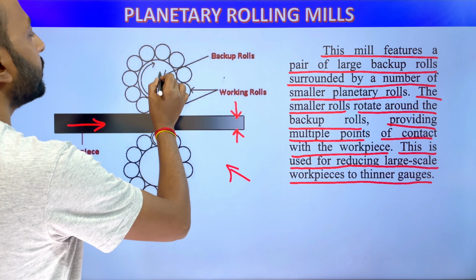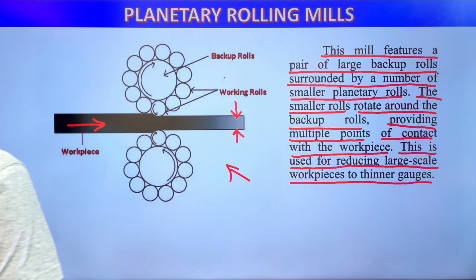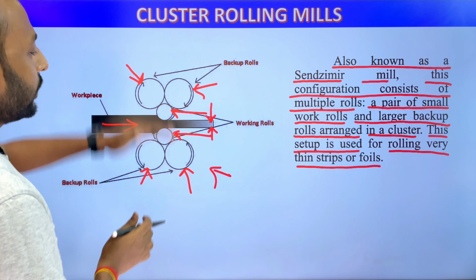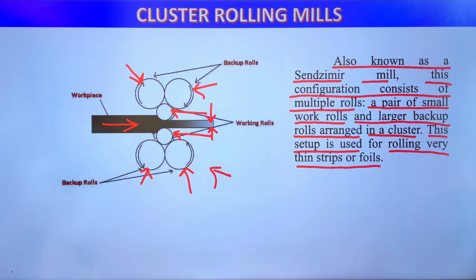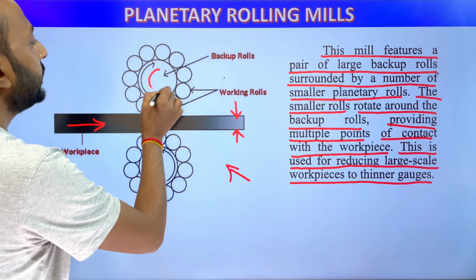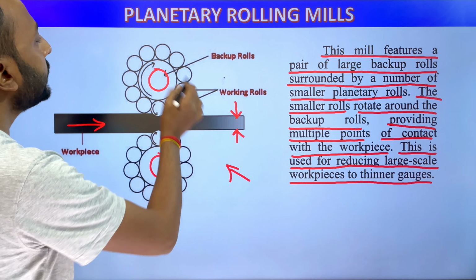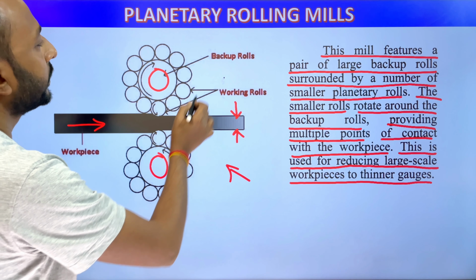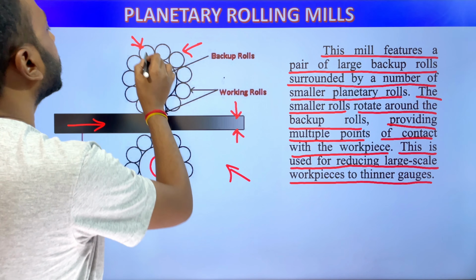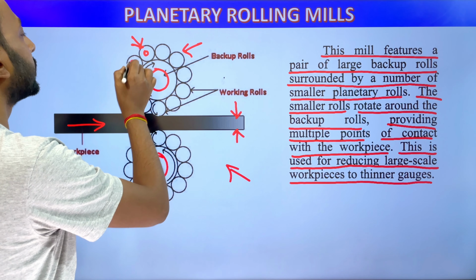So these are backup rollers. In previous rolling mills, the backup rollers were on the upper side or the lower side. But in this case, for planetary rolling mills, the backup roll is in the middle and it is surrounded by the working rolls. These are the working rolls which can rotate around a particular center.